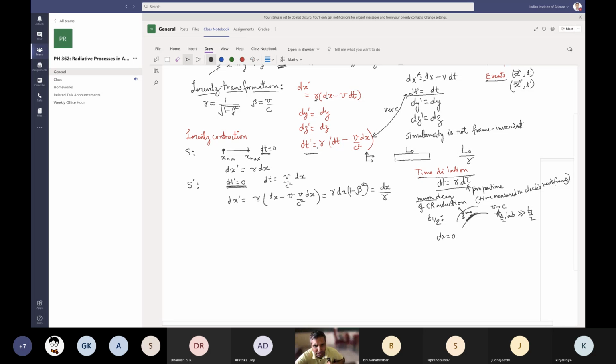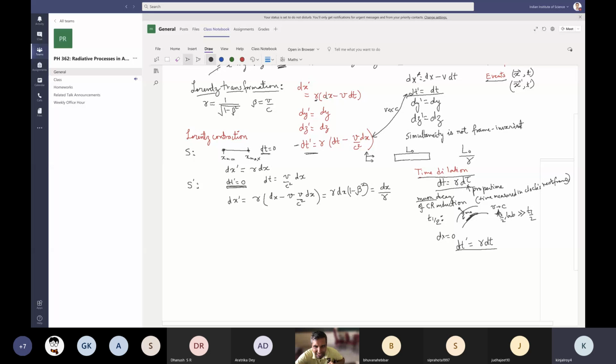So the fourth equation in Lorentz transformations gives you dt prime is equal to gamma dt, because dx is 0. So the time measured in a frame where positions are not the same, that is, if you're not in the rest frame of the clock, the time will be longer. Is it clear?